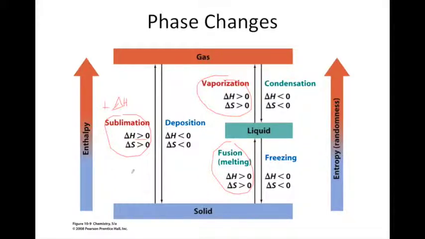We're going from a more ordered state to a less ordered state. So the molecules have more freedom to move around in the final state than they do in the initial state. So we're increasing the randomness. We're getting more random in the final state than we are in the initial, and so delta S will be positive. So for the ones that I have circled here, the delta S values will be positive.